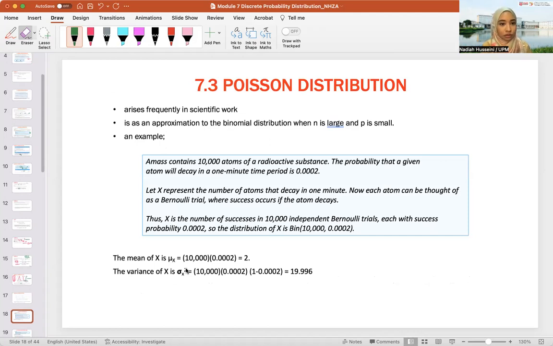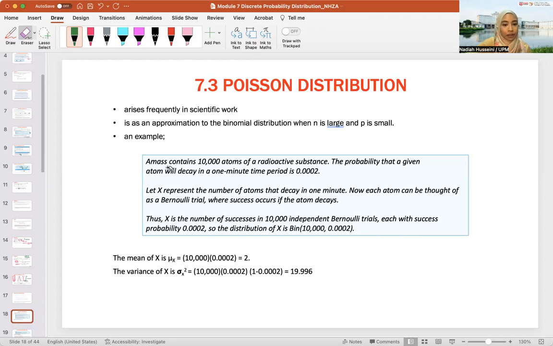So the next one is Poisson distribution. Again, a French guy, that's why it's pronounced like that. It arises frequently in scientific work and is an approximation to the binomial distribution. So it is related to the binomial distribution, but when the binomial distribution has an n that is very, very large, then we use the Poisson.